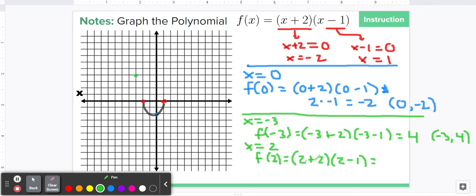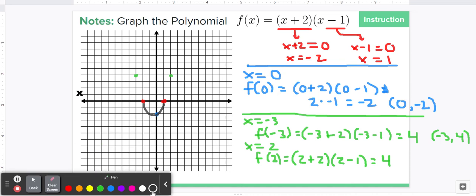And so that will equal 2 plus 2 is 4 times 2 minus 1 is 1. So 4 times 1 will just give us 4 on this side. So we'll go over to x equals 2. We'll go up 4. And that's where our point hits.